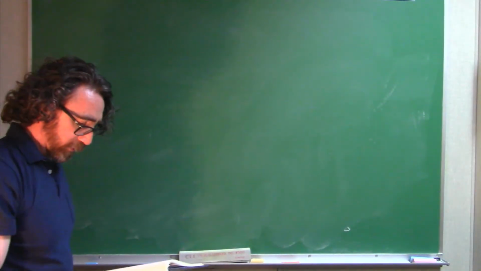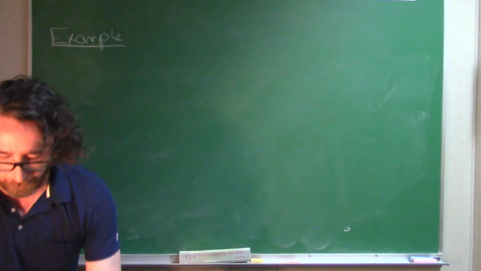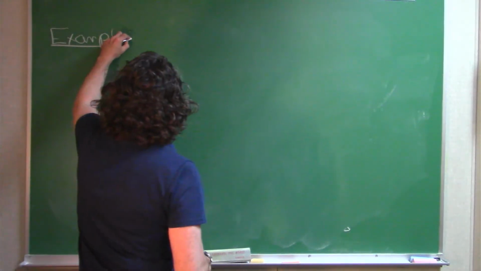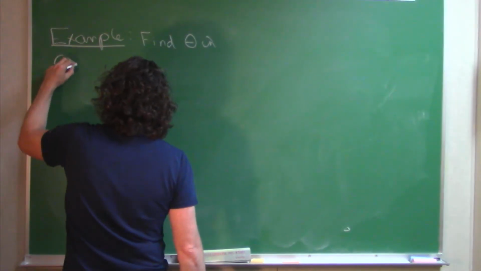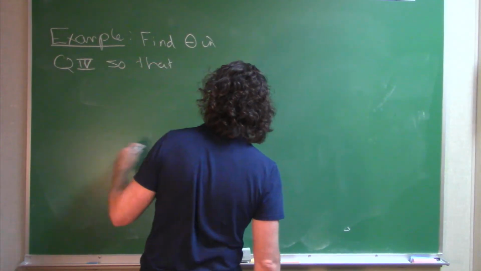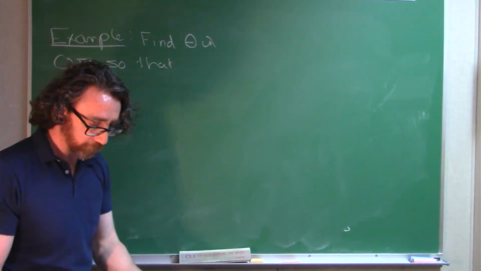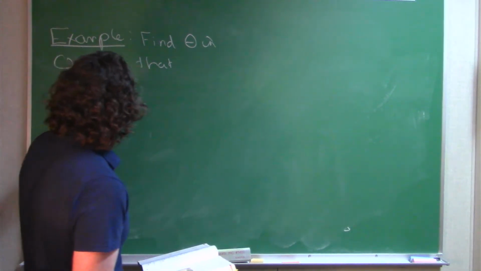Let's do some of the other trig functions here. So we're going to find theta such that we're in Q4 so that secant theta is equal to 1.3054.